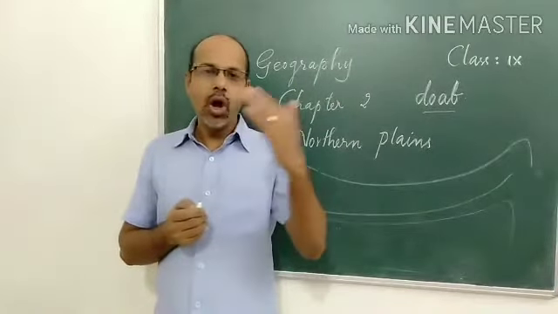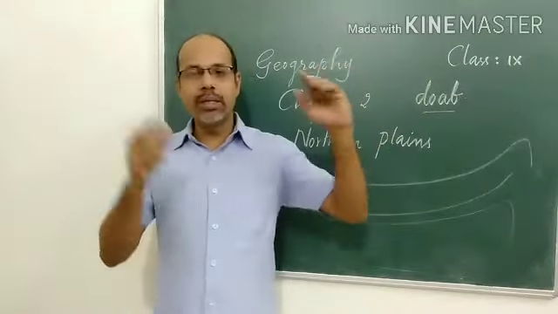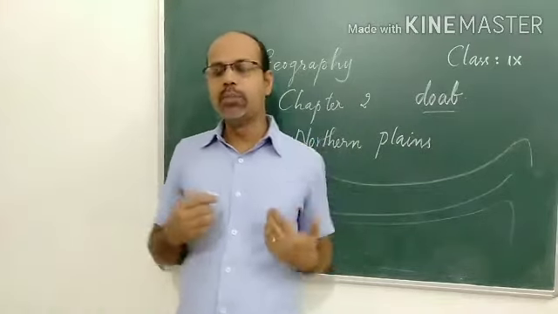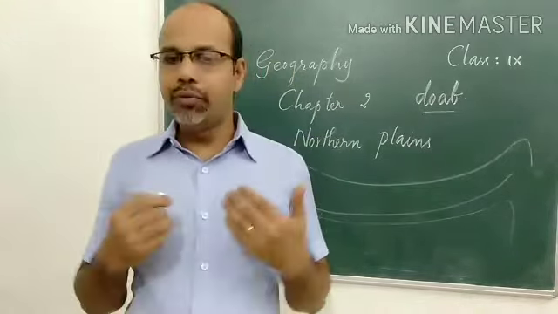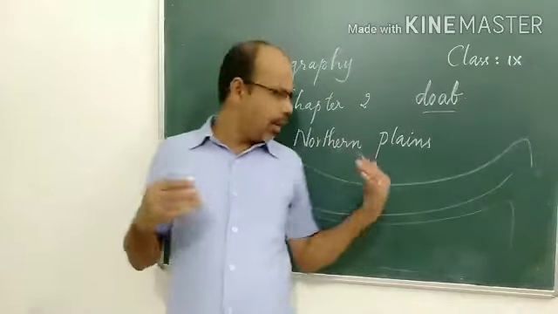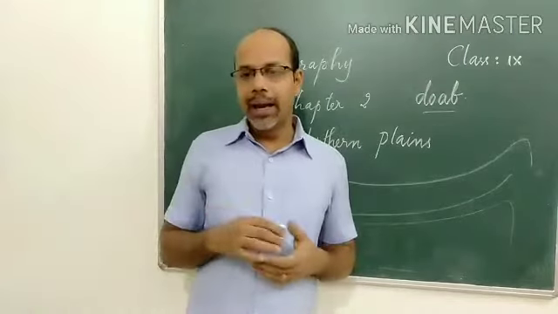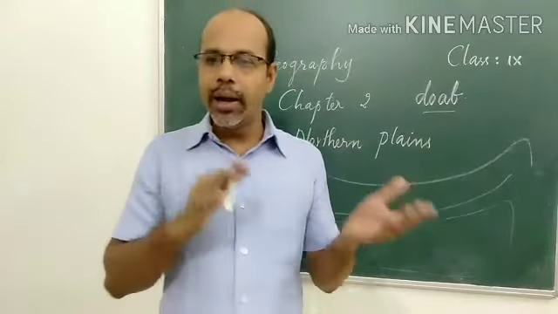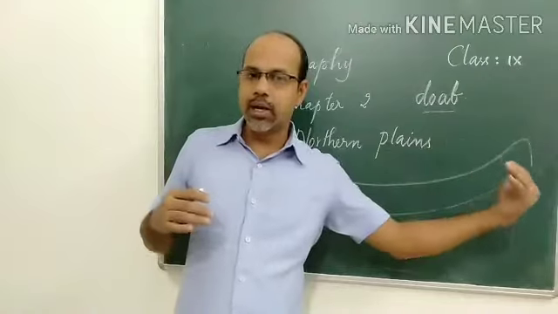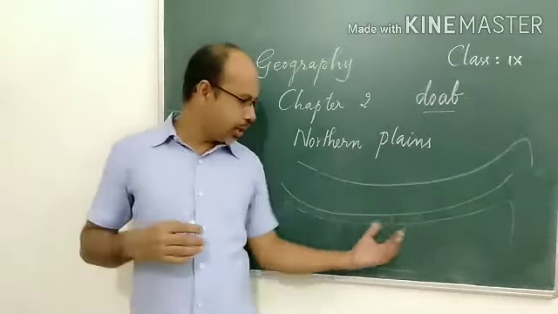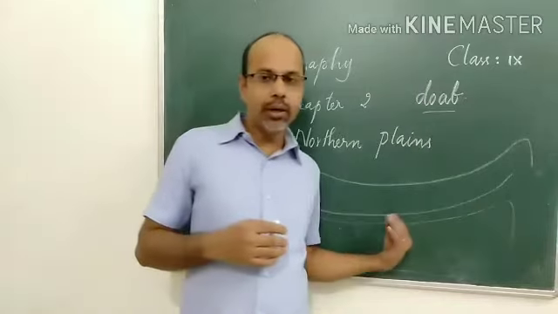So the entire Punjab is demarcated by the river systems, so the Doabs can be found here. Now the Indus is in the western region, and coming to the Ganga plains, the Ganga extends between the Ghaggar and Teesta rivers. Yesterday we studied the Teesta river in the east, and the Ghaggar comes in the west.